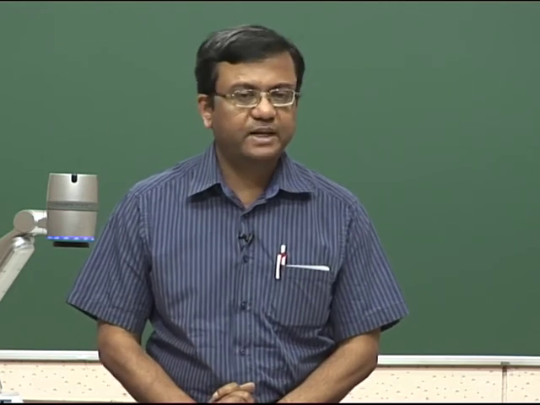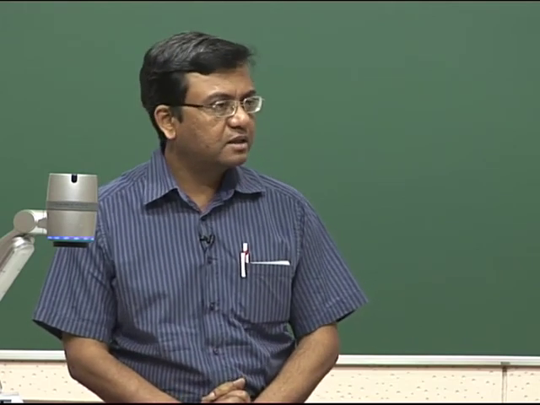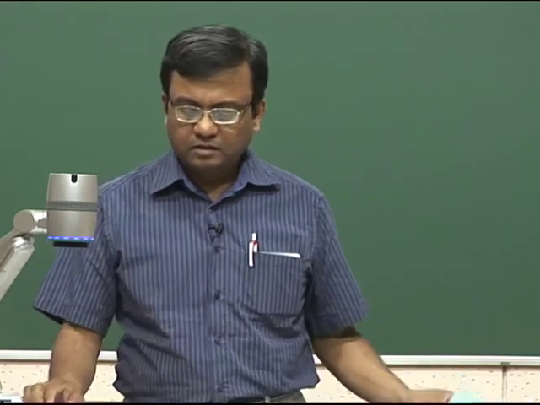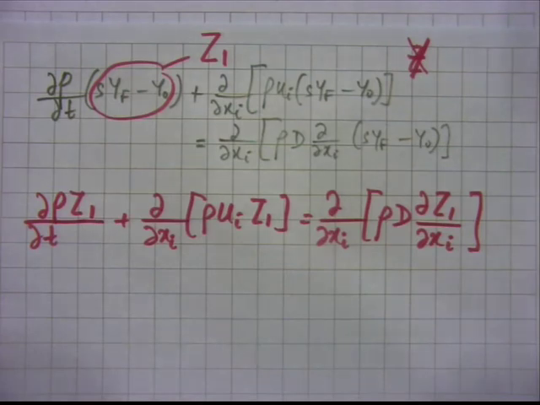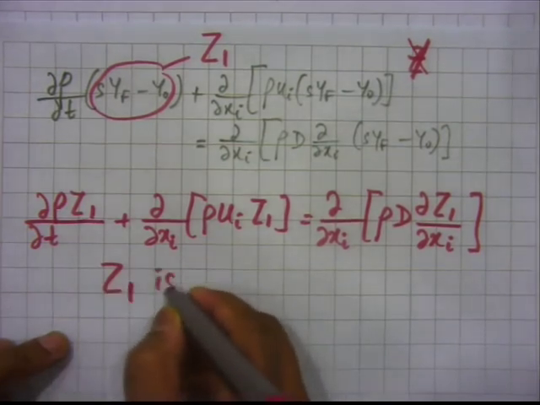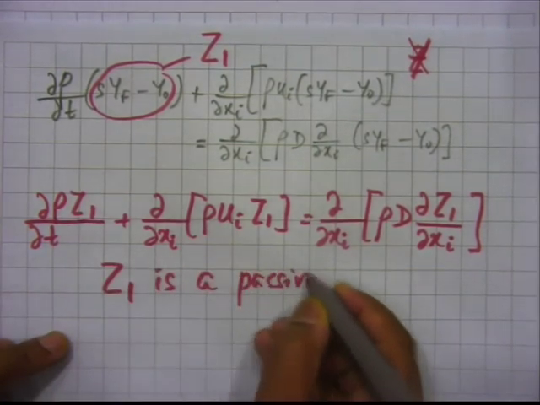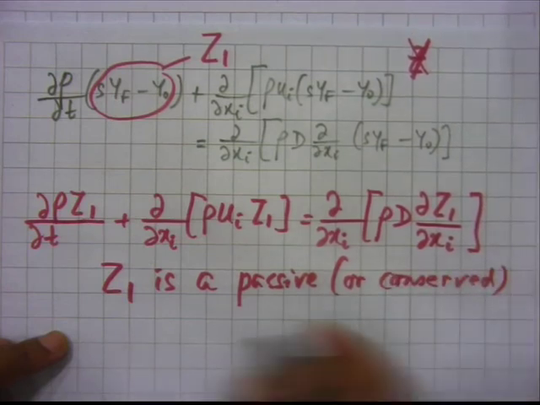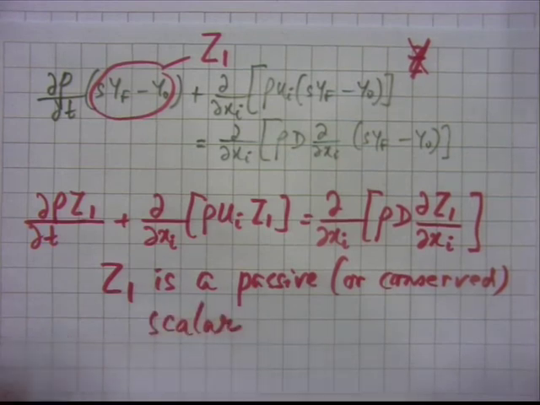So if you can play a trick and get rid of that source term somehow, then the reaction becomes a little easier to solve. That's why we have done all this. So this Z1 is actually a passive scalar. Z is a passive or conserved scalar.